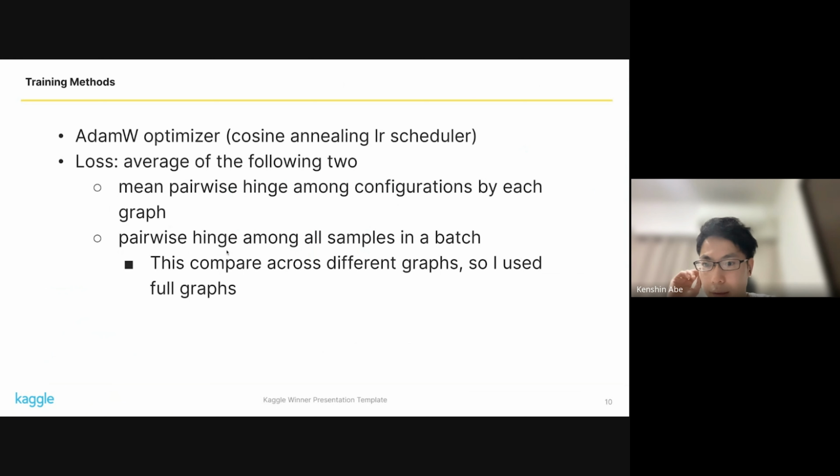I think this was because the model can also learn some basic information, like larger graphs have a longer runtime, or graphs with a large tensor shape should have a longer runtime.